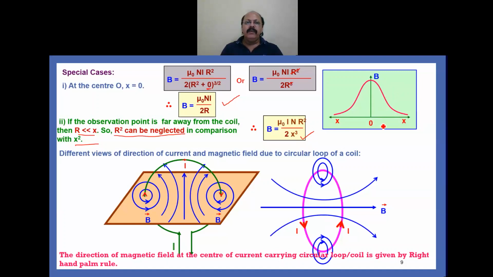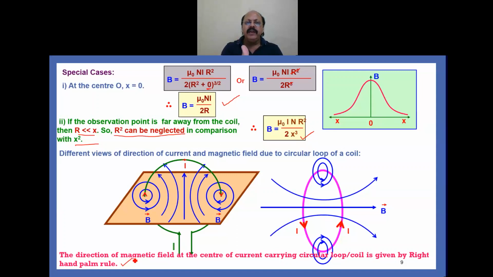Now we have to find out the direction of the magnetic field at the center of the current carrying circular loop, and that is given by the right hand palm rule. Right hand palm rule means you have to take the current carrying circular loop in your right hand palm, then the curl of the fingers towards the nail represents the direction of the current, and the thumb represents the magnetic field at the center of the loop.